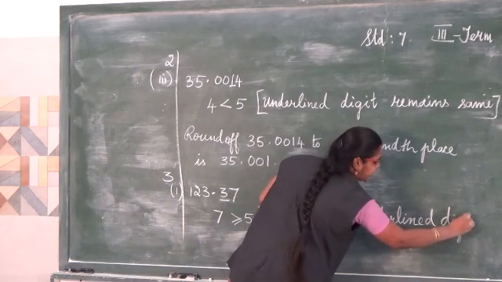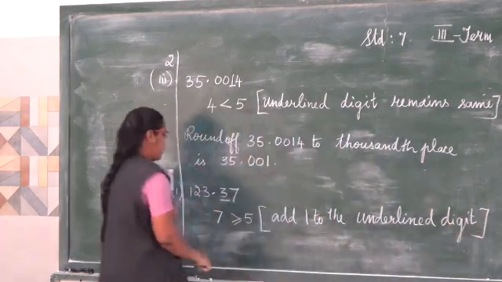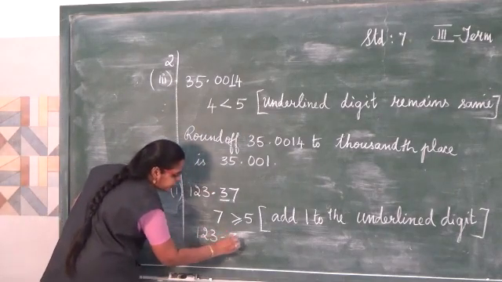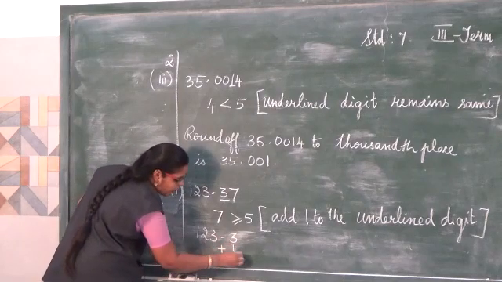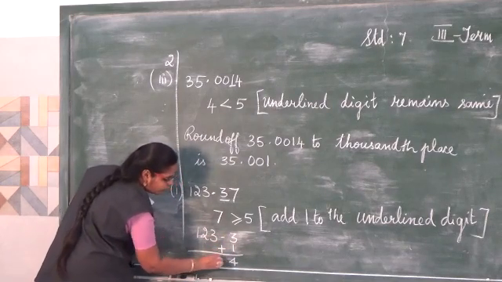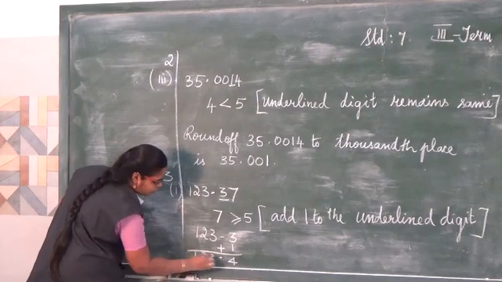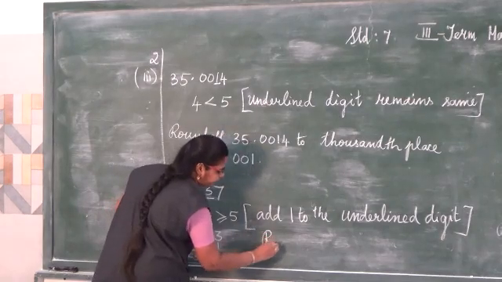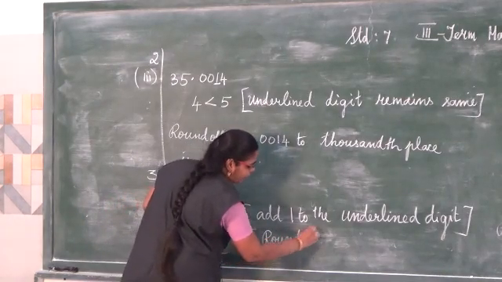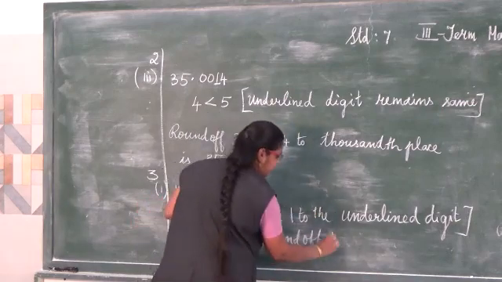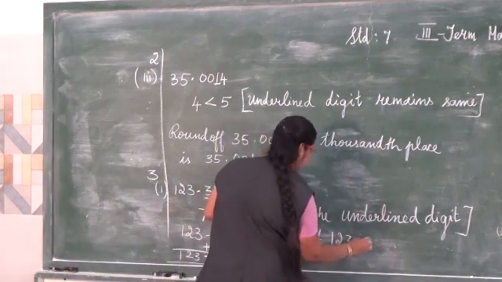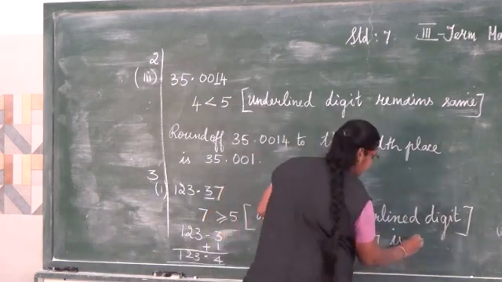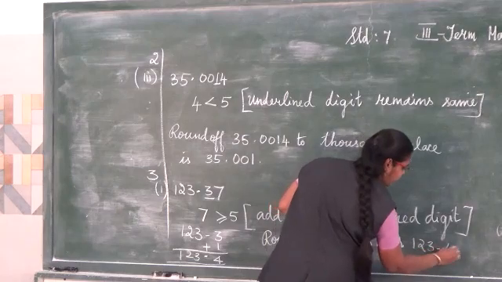Adding 1 to the underlined digit, 123.3 plus 1 gives 123.4. So 123.37 rounded is 123.4.